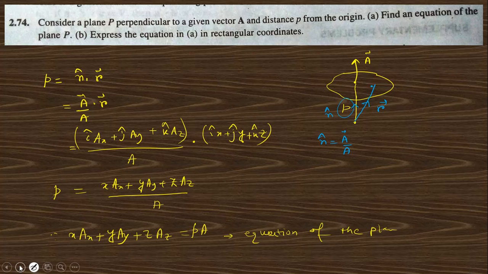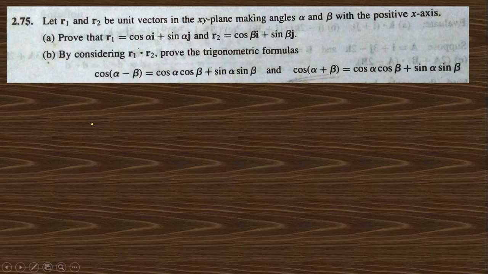Simple. Next question, 2.75 says: let R1 and R2 be unit vectors in the xy plane making angles alpha and beta with the positive x-axis.